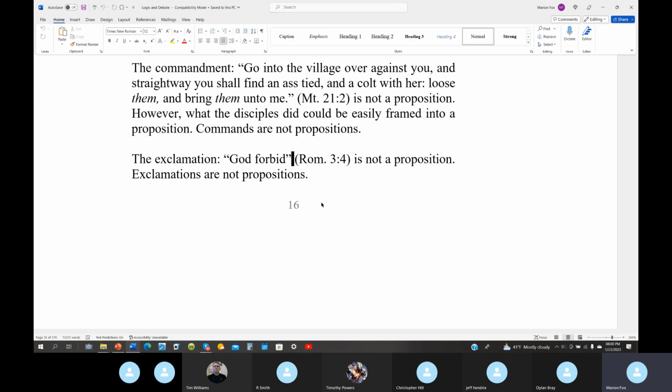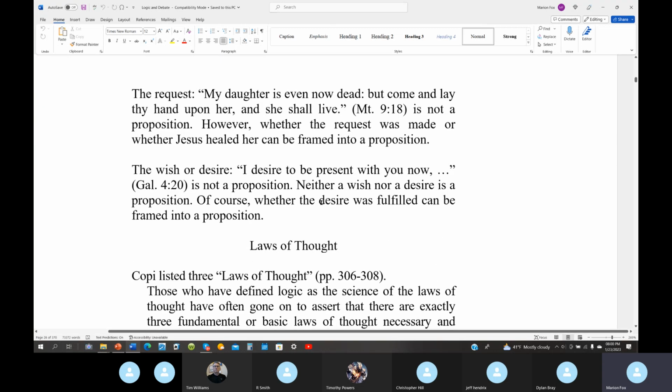The exclamation, God forbid, which is probably not a good translation of the Greek; may it not be is a better translation. Romans 3:4 is not a proposition. Exclamations are not propositions. The request: my daughter is even now dead, but come and lay thy hand on her and she shall live. Matthew 9:18.